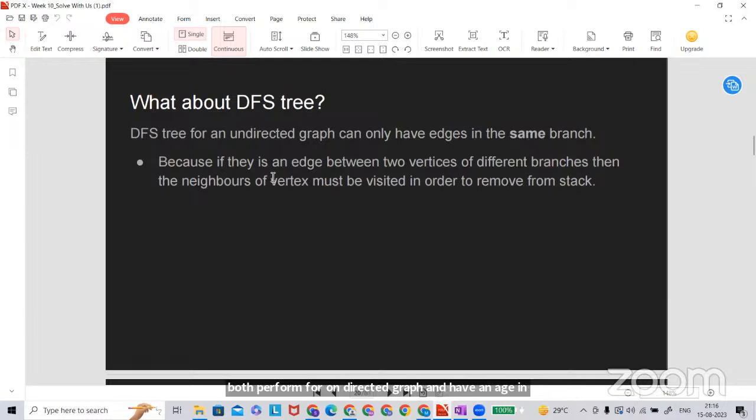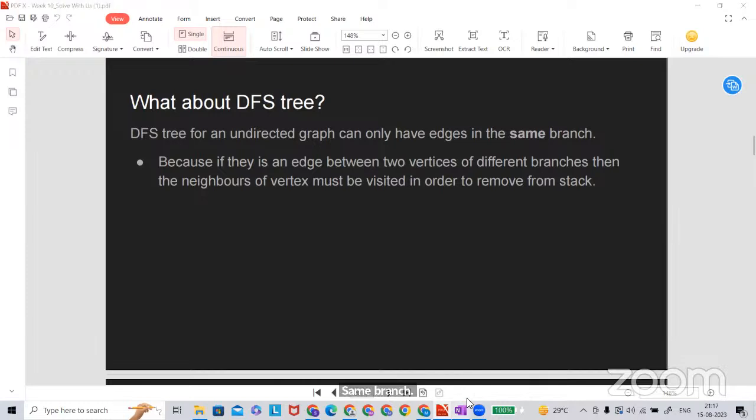Because if there is an edge between two vertices of different branches, then it is not going to be in the same branch.